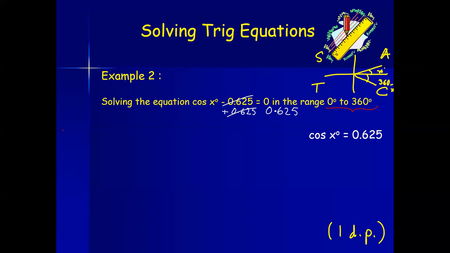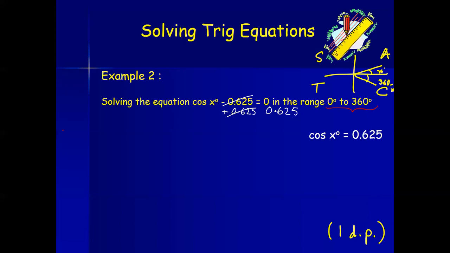I'm looking for positive values. If I put CAST, I know that my first positive value will be where it's all positive, between 0 and 90. So that would be your first one. And where do I see cos positive again? In that fourth quadrant.